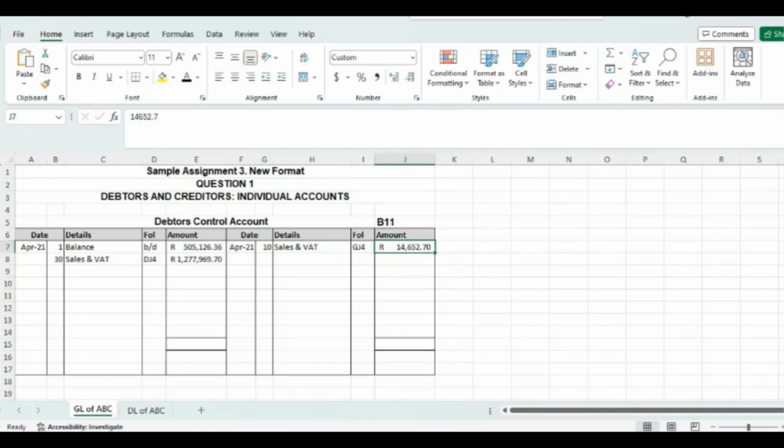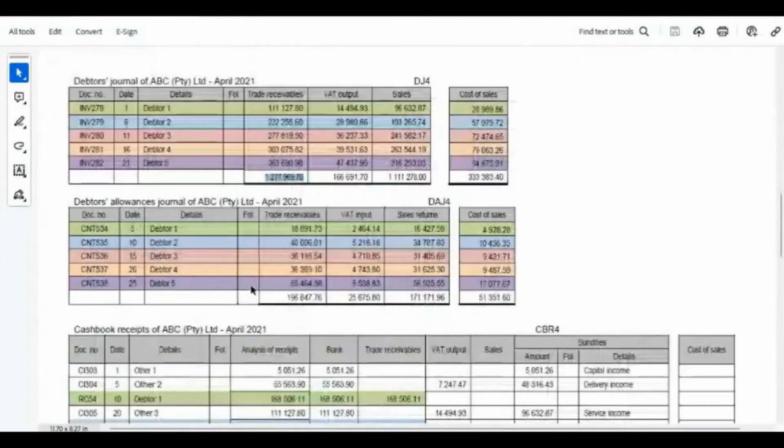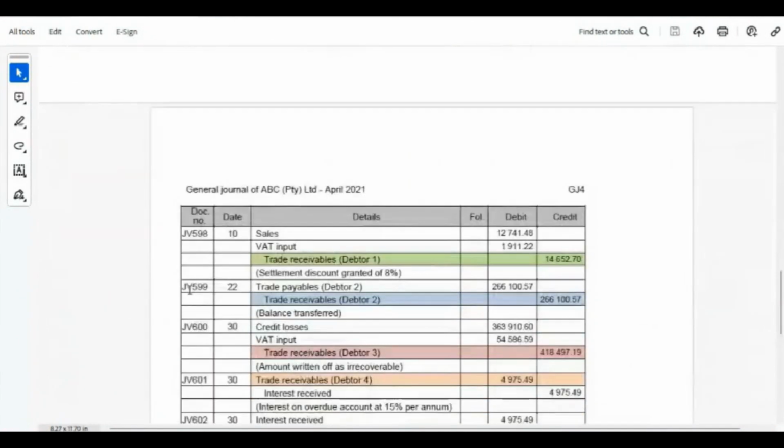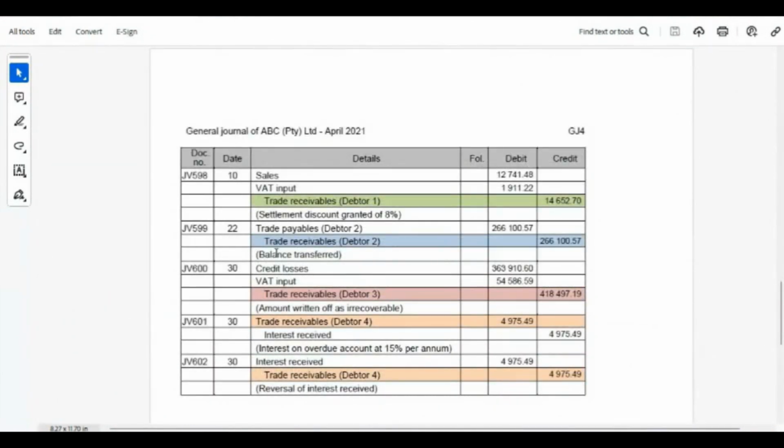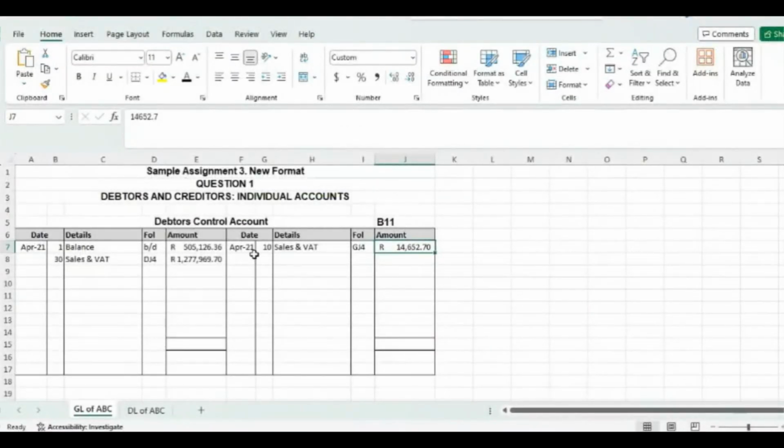Okay, let's go and look at the next thing that was happening in our general journal. Also, in our general journal, on the 22nd, there was a balance that was transferred. Remember that transfer balance? So the way we record that will be on the 22nd.